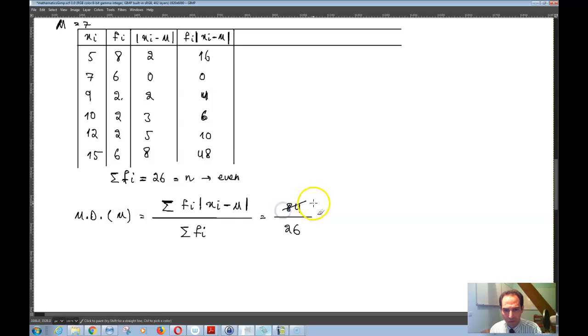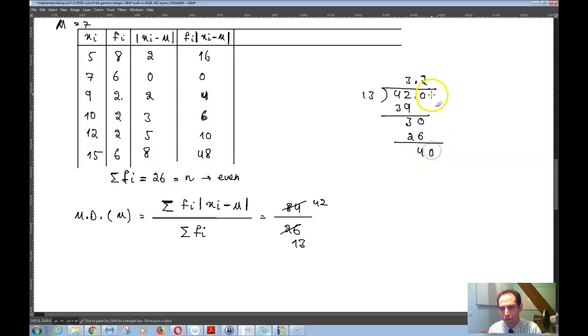So we divide 42 by 13. 3 times 13 is equal to 39, and then you have 2 times 13 is 26.